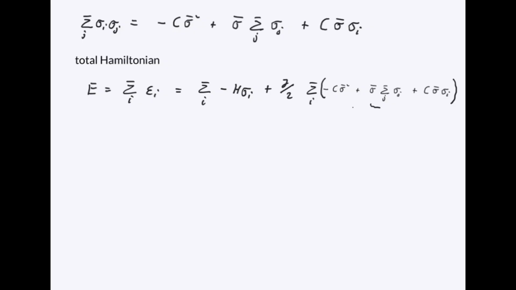Considering also the sum over all i, we see there is a symmetry in the last 2 terms of the above equation, namely that sigma bar times the sum over all j of sigma j, and sigma bar times sigma i summed over all i, are equivalent.